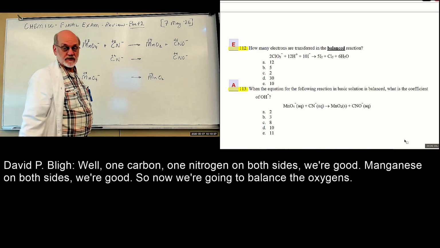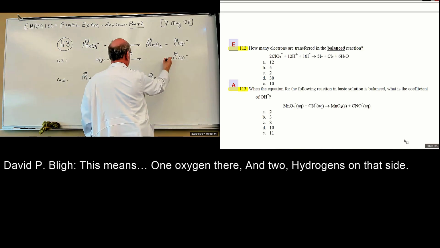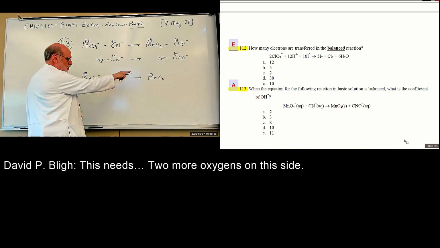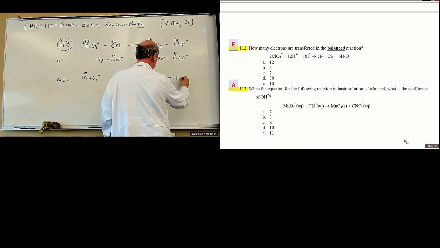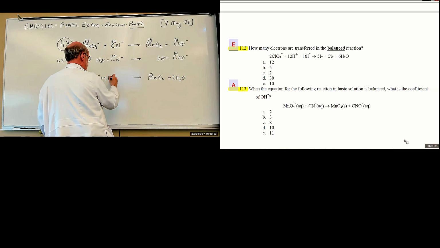So now we're going to balance the oxygens. This means 1 oxygen there and 2 hydrogens on that side. This needs 2 more oxygens on this side, which means 4 hydrogens on this side.